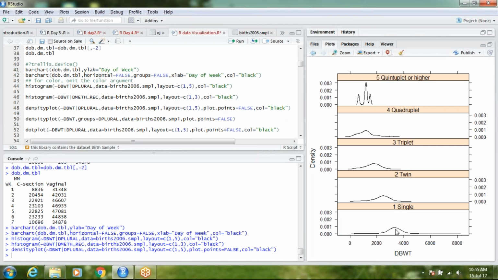Single has a much higher average weight compared to twin, that compared to triplet, and that compared to quadruplet. So the distribution shows like this. Again for the density plot, things are the same; the only thing is it is separated by plural. I have made it using groups, so groups of plural.